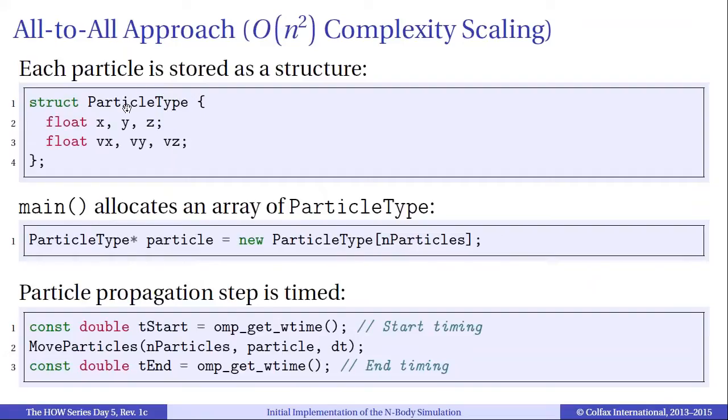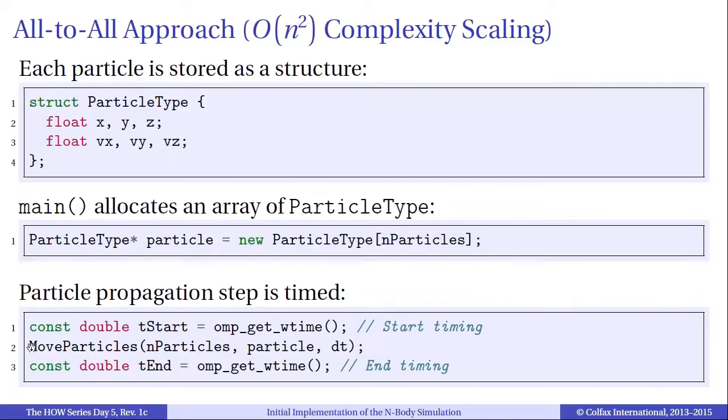I have many particles. How do I store information about these particles? Let me begin with something that appeals to me as a physicist with some experience in object-oriented programming. Well, I want to make everything object-oriented, so I will try initially to create a structure or maybe a class which contains elements x, y, z, particles coordinates, and then vx, vy, vz, particles velocity components. And to store many particles, I will create an array of these structures.